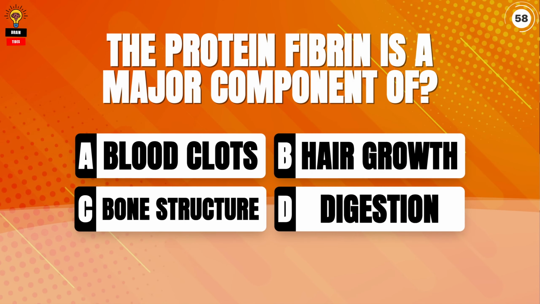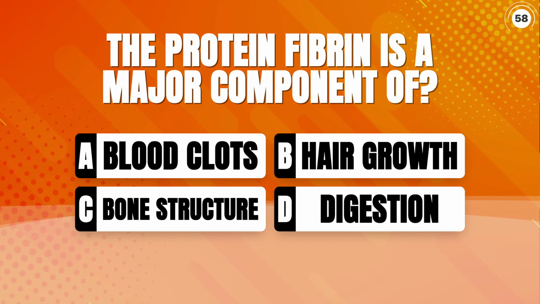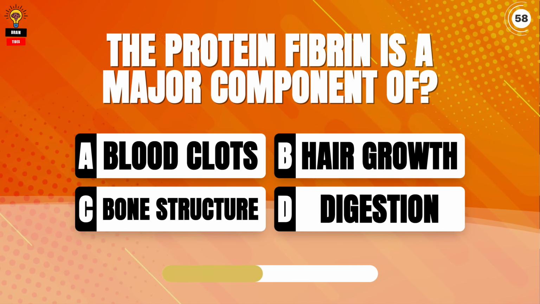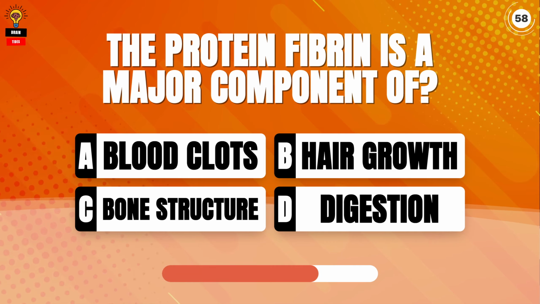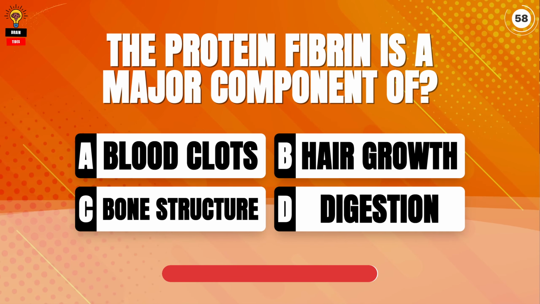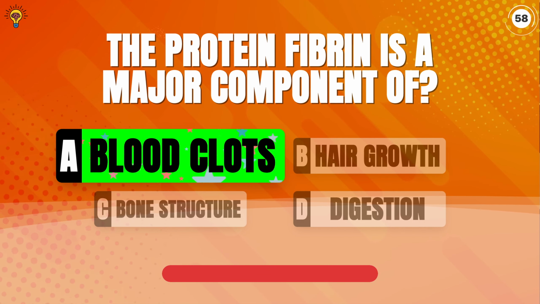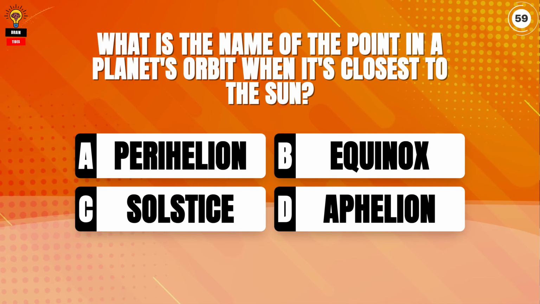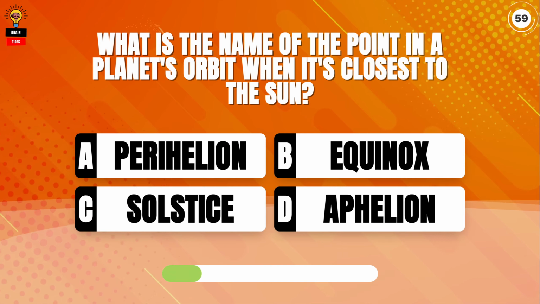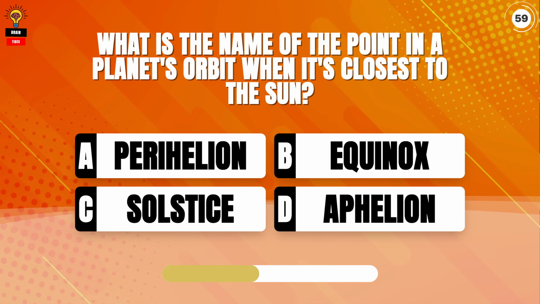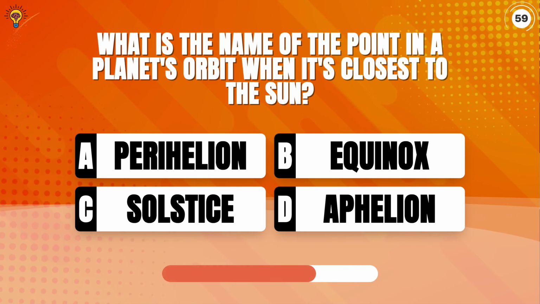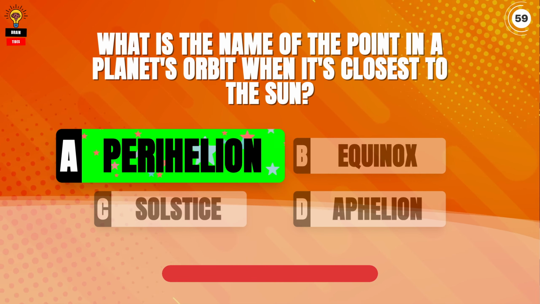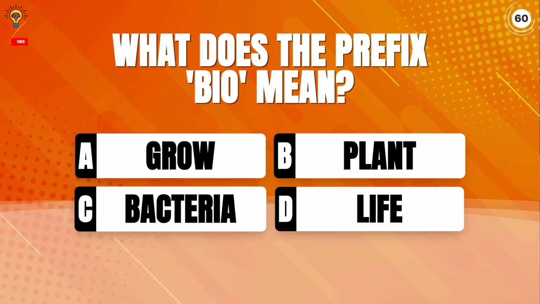The protein fibrin is a major component of blood clots. What is the name of the point in a planet's orbit when it's closest to the Sun? Perihelion.